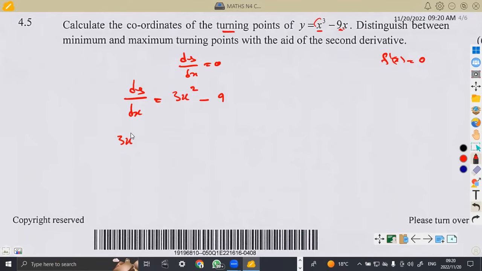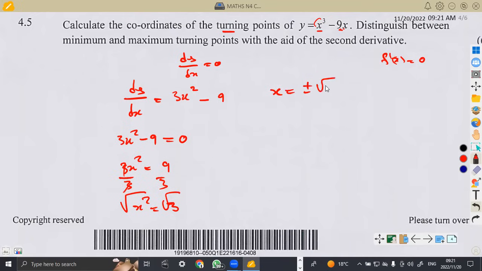So 3x squared minus 9 is equal to 0. You can solve this as a normal equation. 3x squared is equal to 9, transpose to the other side, divide by 3 both sides. So x squared is equal to 3. To find x, introduce the square root both sides. So x is going to be plus or minus the square root of 3.